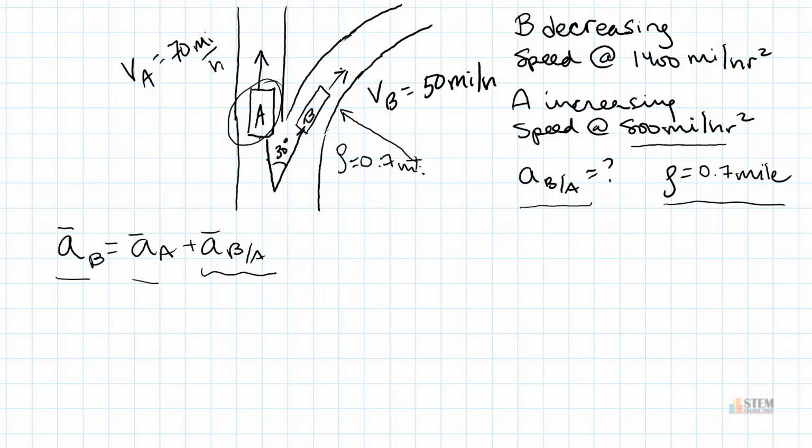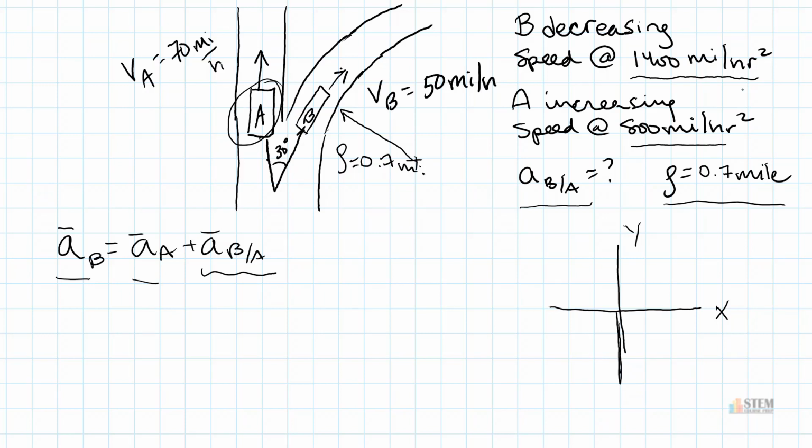All right, so B is the car that's on this curved path. Keep that in mind. Let's go ahead and draw a drawing here of the accelerations for car B. Remember on this relative motion stuff, I said to just go ahead and use your regular XY coordinate frame. So there we have that. Now let's label the accelerations. We're told that B has a speed that's decreasing at 400 miles per hour squared.